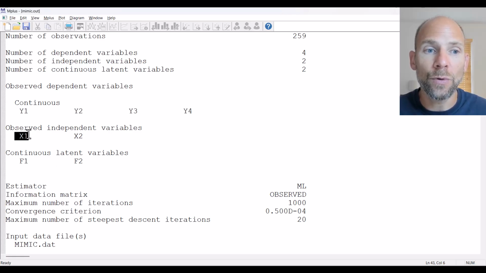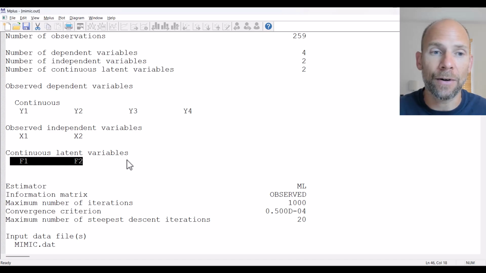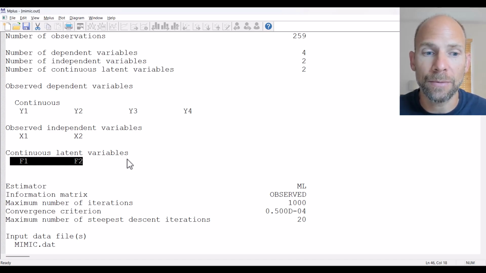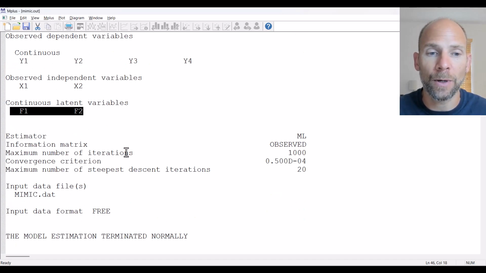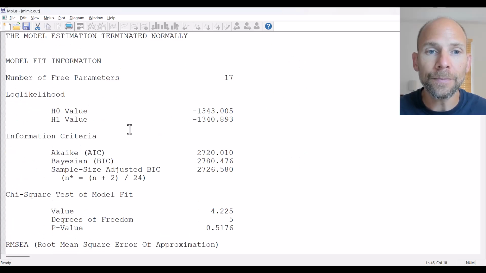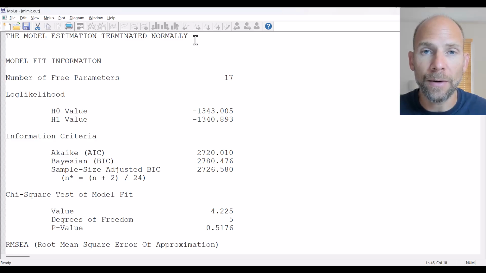We have two observed independent variables or exogenous variables x1 and x2. Those are our covariates or predictors of the two factors. And then we have our two continuous latent variables that are endogenous in this model that are predicted by x1 and x2. Next, we can see that the model estimation terminated normally. There were no convergence problems or improper solution problems here.